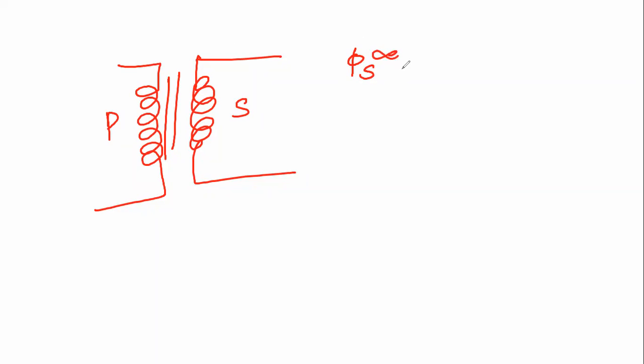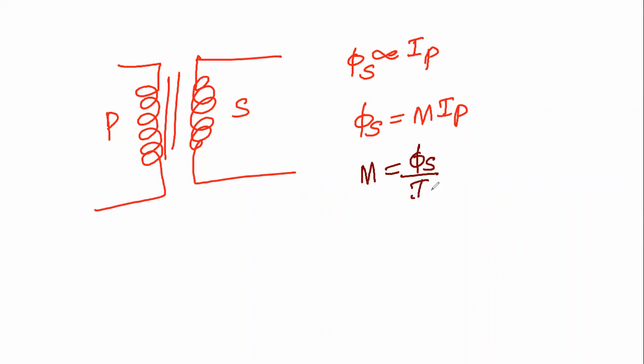So phi S is proportional to IP. Therefore, phi S is equal to M into IP, where M is called the coefficient of mutual inductance. Then M is equal to phi S divided by IP.